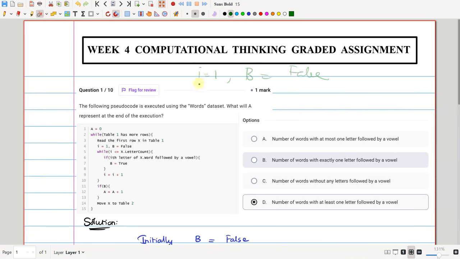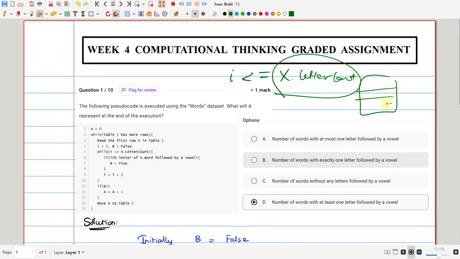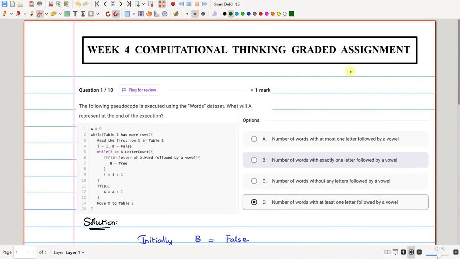So before starting the while loop, we are initializing two more variables, I is equal to 1 and B is equal to false. Whenever I is less than or equal to x dot letter count, x dot letter count means the letter count of the word in the row we have taken.